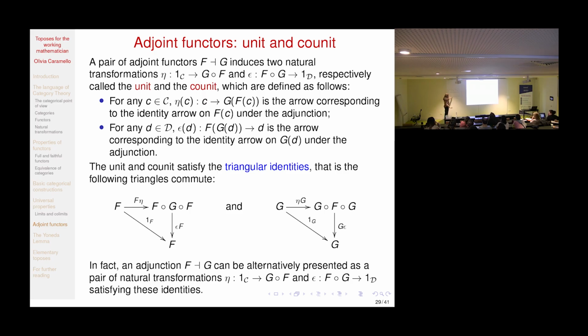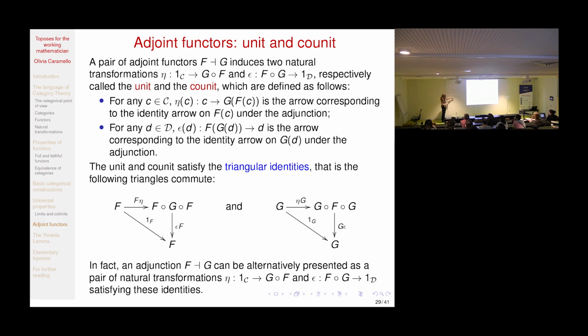Now, the idea is to define natural transformations by looking at where the identities are mapped to under these bijections. So you see, if here you take D equals F of C, then of course the identity on F of C becomes an element of this set. So it is sent to something here, which will go from C to G of F of C.